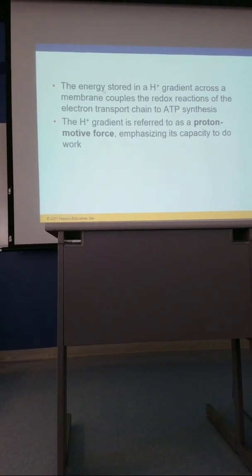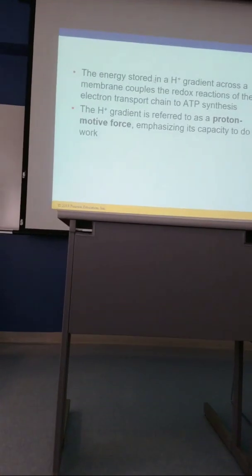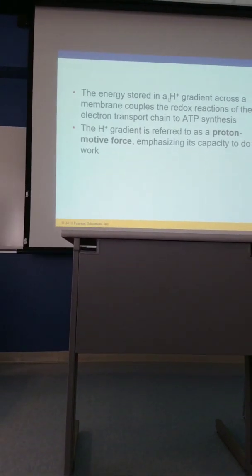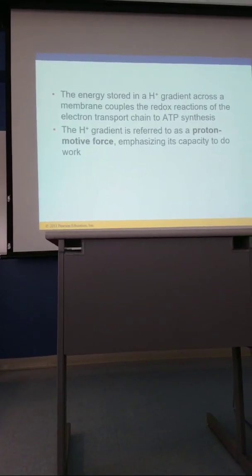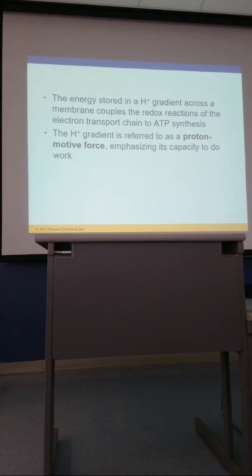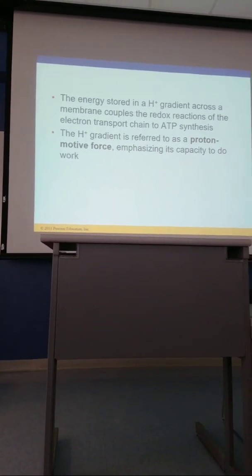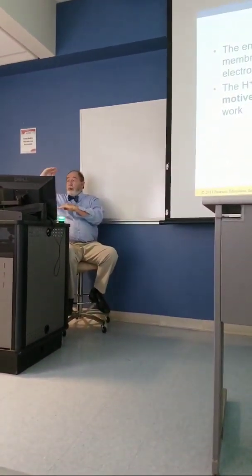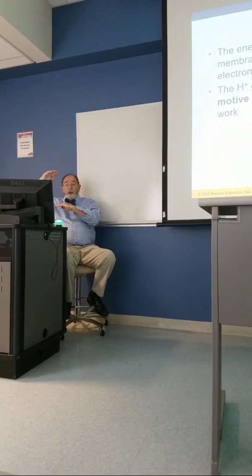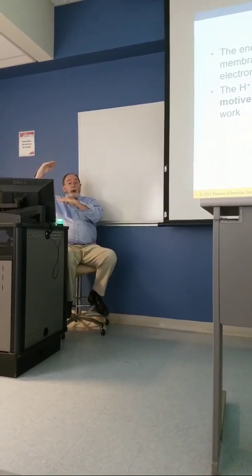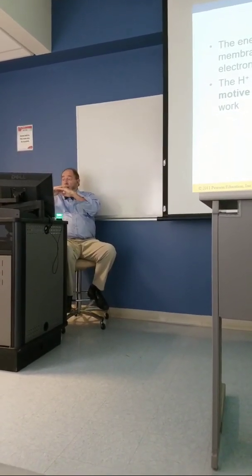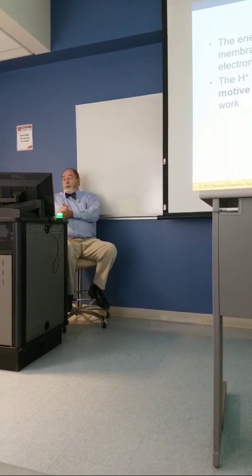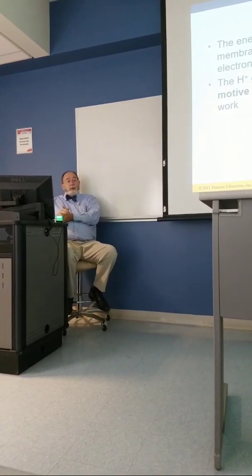Notice once again up here, the energy stored in the hydrogen gradient. It's not saying the energy stored in hydrogen. Whenever you separate those charges, positive and negative, there's an attraction for them to want to come back together. That is the gradient. Whenever that charge or the attraction gets great enough to pull them through the enzyme, it jumps across the gradient.